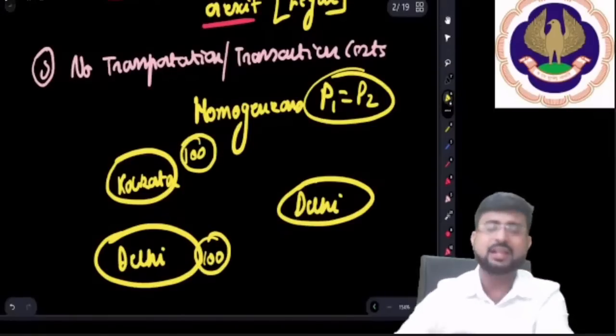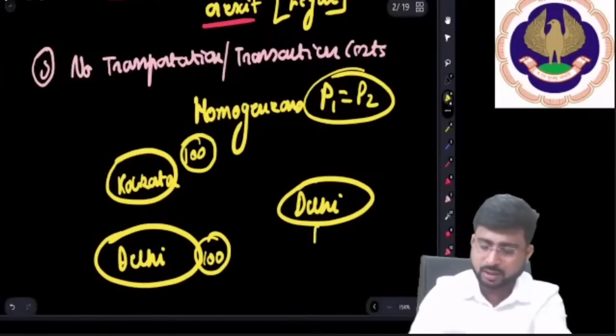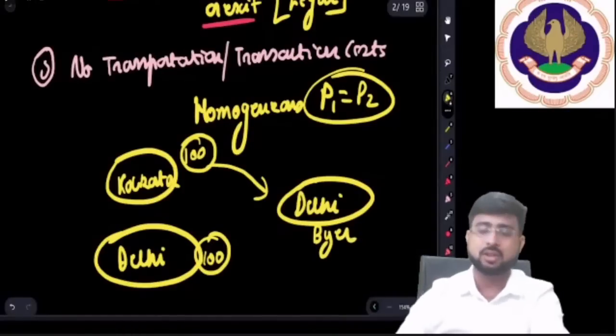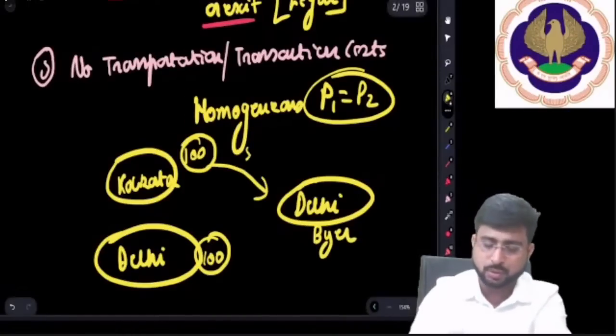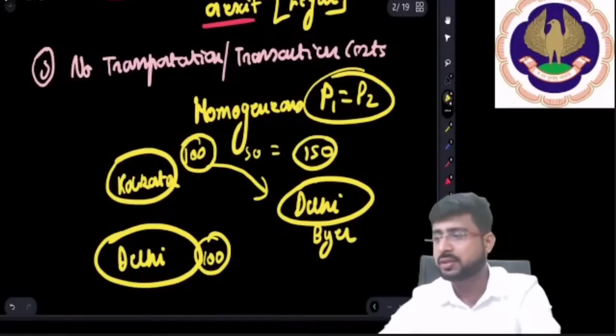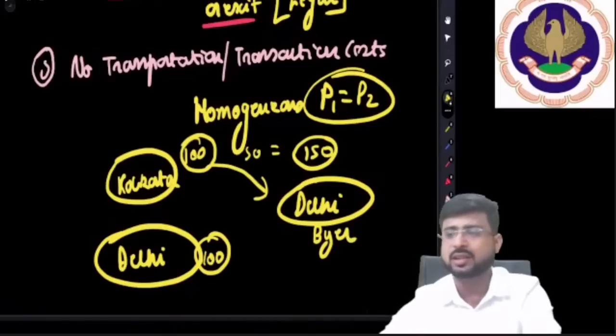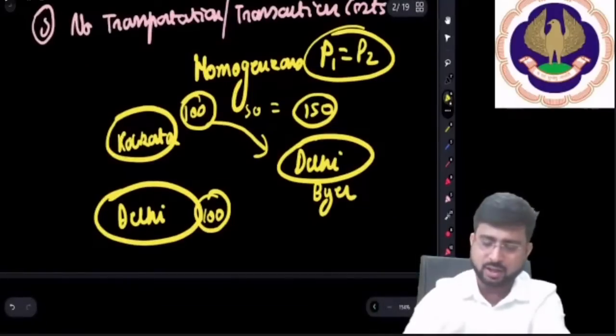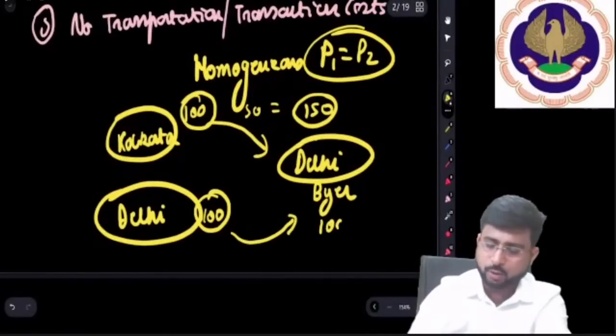But the Kolkata seller tells this Delhi buyer, since I am transporting, my transportation or transaction cost will be 50 rupees, so in total you will have to pay 150 rupees. But the seller in Delhi tells the buyer, come to me, because I am not taking any transaction cost from you, so I will give it to you at 100 only.